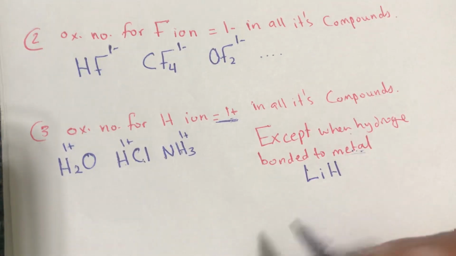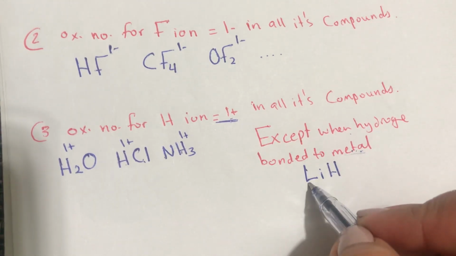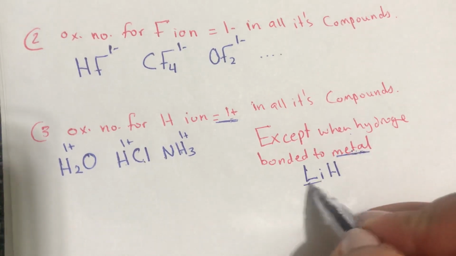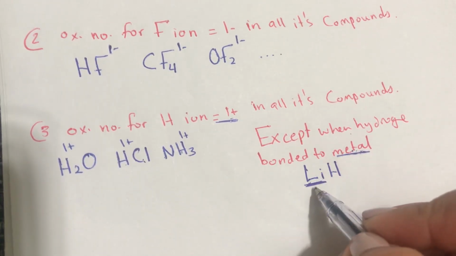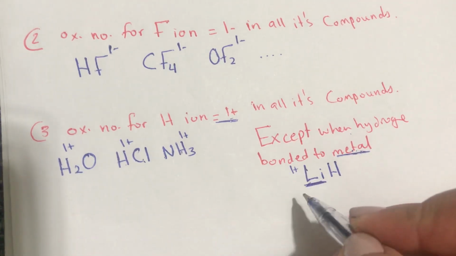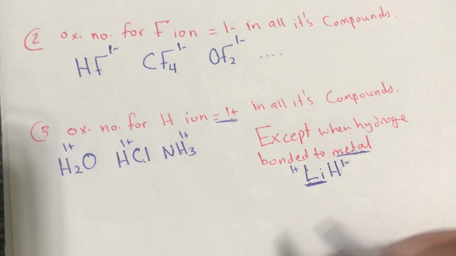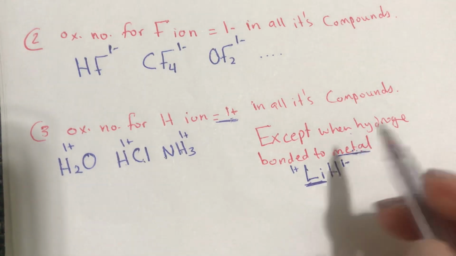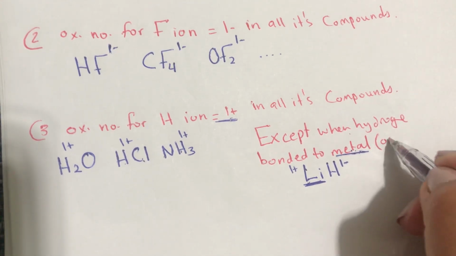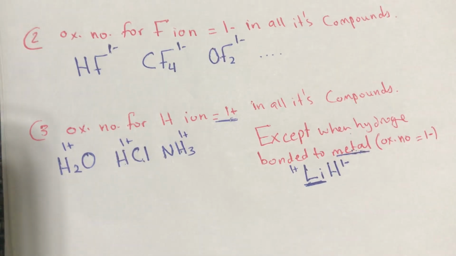Here, lithium hydride. In this example, hydrogen is bonded to metal. Lithium is in group 1, it carries a +1 charge, so the charge of hydrogen is -1. So in this rule, when hydrogen is bonded to metal, the oxidation number equals -1.